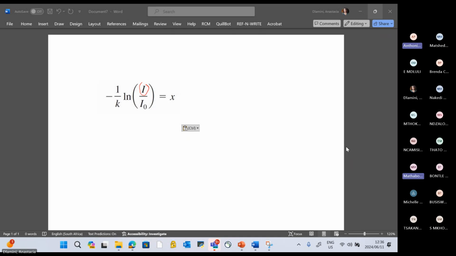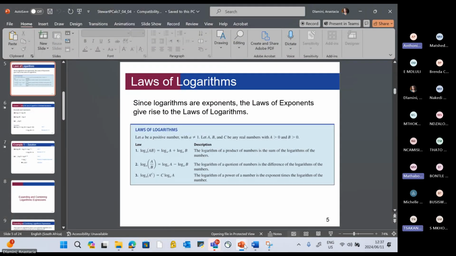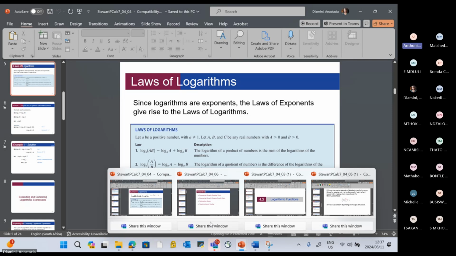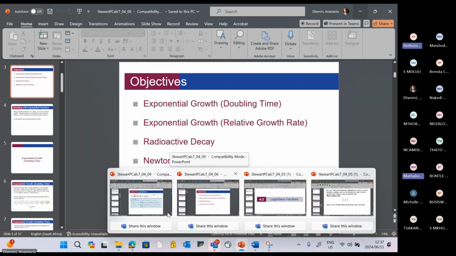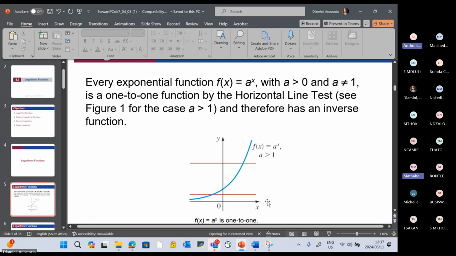There's a law that says ln x equals log base e of x. Can I put I over I0 instead of x?